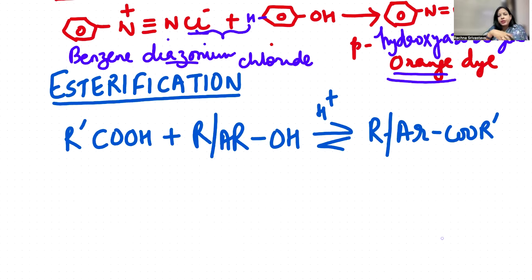Esterification. Esterification means that the formation of an ester is taking place. Remember that there is a rule for organic compounds that any carboxylic acid, when it reacts with aromatic or aliphatic alcohol in the presence of conc H2SO4, gives a reversible reaction which involves the elimination of a water molecule, and you get the product which is an ester, and that is why it is called esterification reaction.